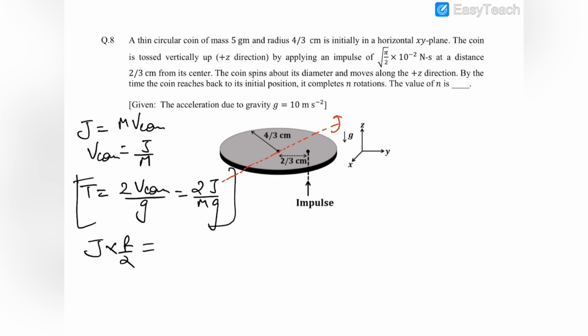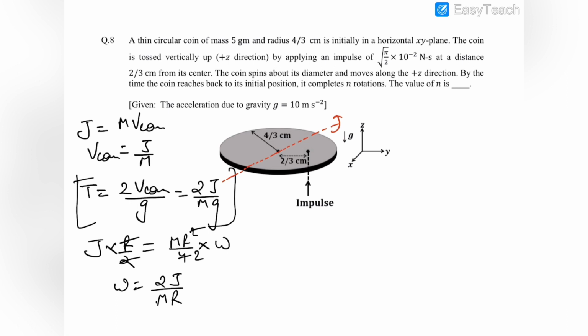Therefore, about this axis, the moment of inertia of the disk is mr square by 4, and omega is the angular velocity of the disk about this axis. Now let us see that omega will be 2j by mr.